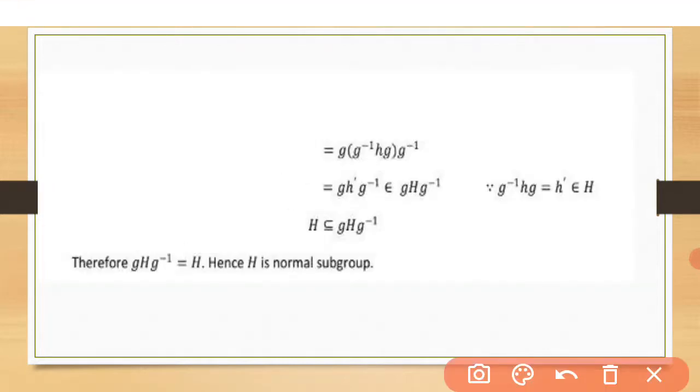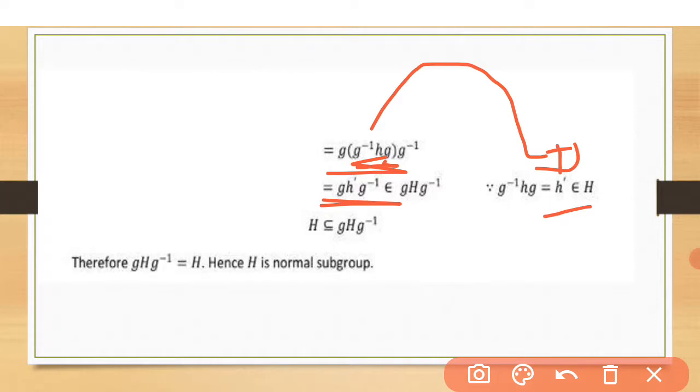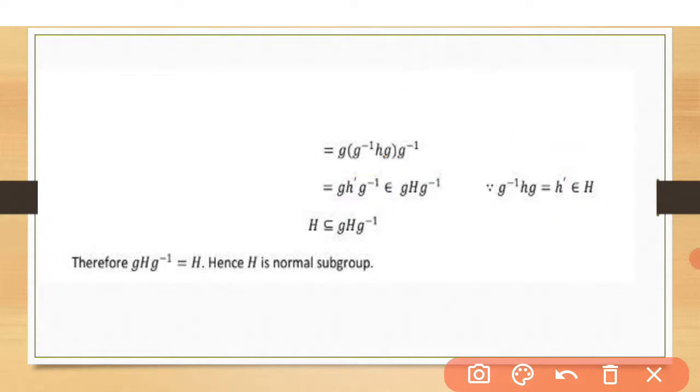From here, by changing the brackets, these are the conjugate elements. So we put this equal to h prime, because h prime belongs to H. So this statement can be written as gh prime g inverse, and this belongs to the set of conjugates of H, or the normalizer.